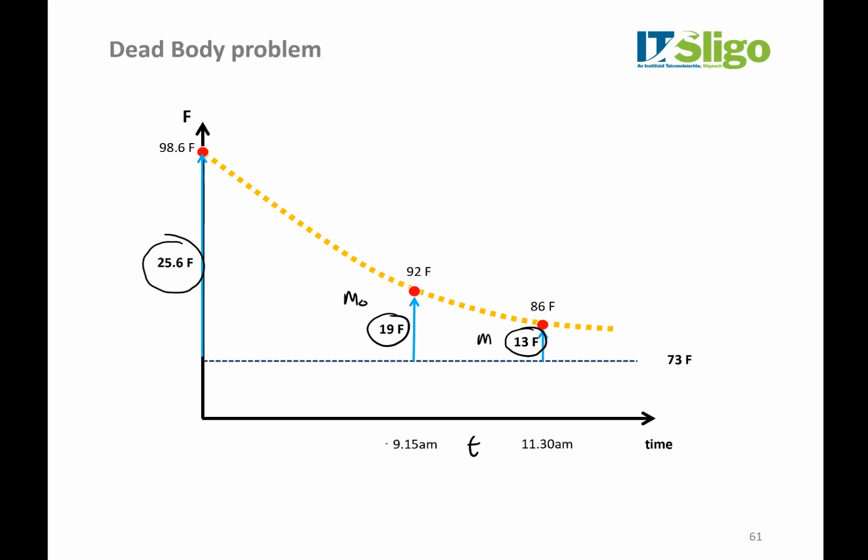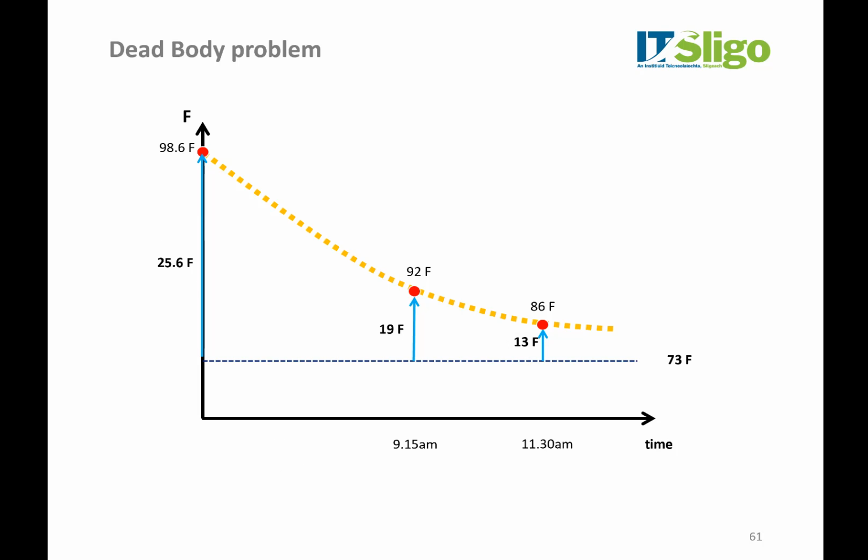Because we're going back in time, our T value is going to be negative. We just interpret that T was minus 150 minutes. The person died 150 minutes before the police detective took the first temperature.